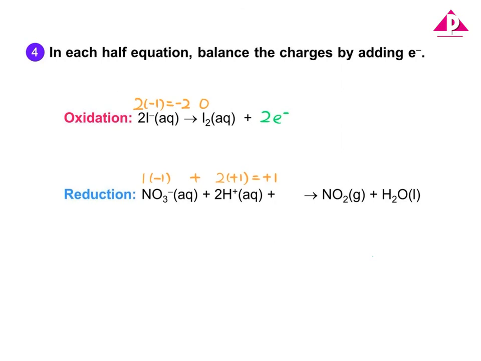On the right-hand side, there are 1 nitrogen dioxide molecule and 1 water molecule. As both molecules are electrically neutral, the charge on the right-hand side is 0. So we add 1 negatively charged electron to the left-hand side. Now the charge on each side of the half equation is both 0.